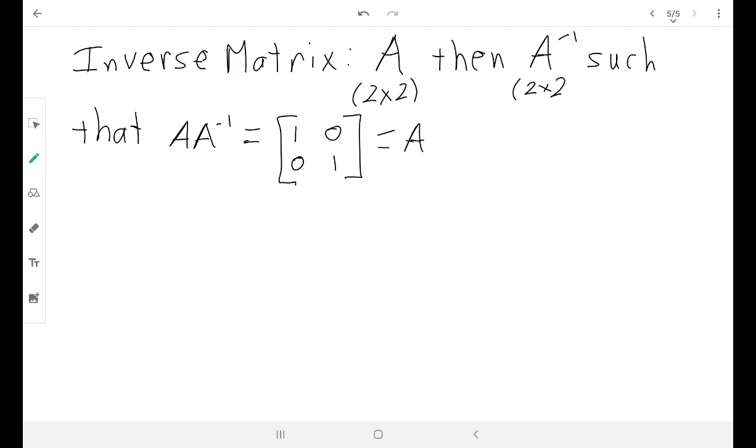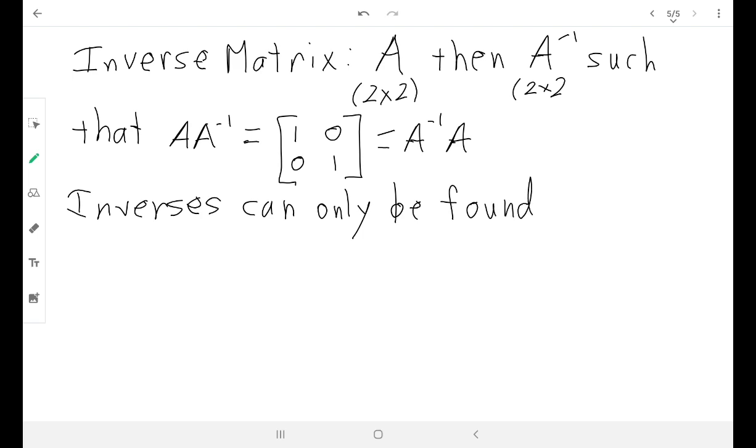And that will also be the same if you do A inverse times A. Inverses can only be found for square matrices. So that is a 2 by 2, a 3 by 3, a 4 by 4, and so on and so on. You can't find an inverse matrix unless that happens.